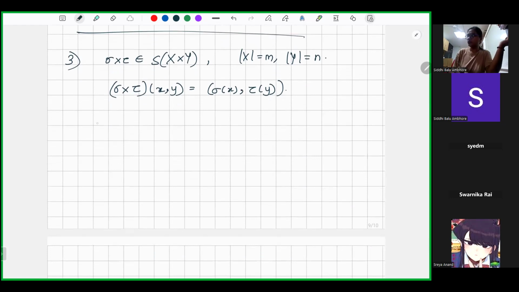So to compute the signature of this sigma cross tau, we consider the permutation matrices.